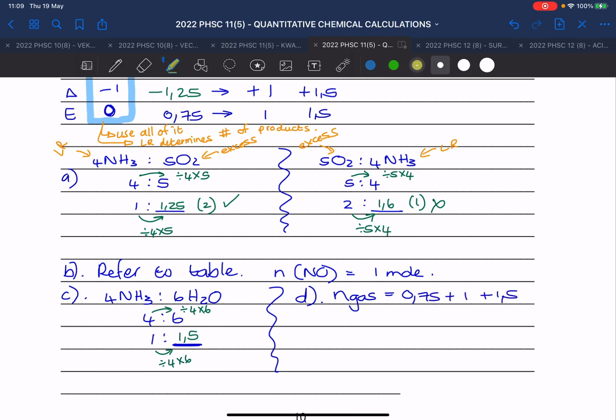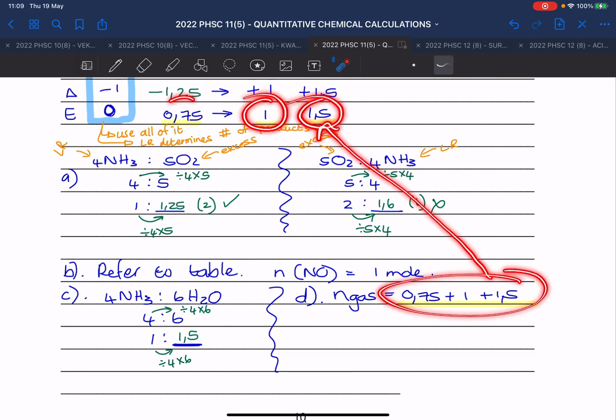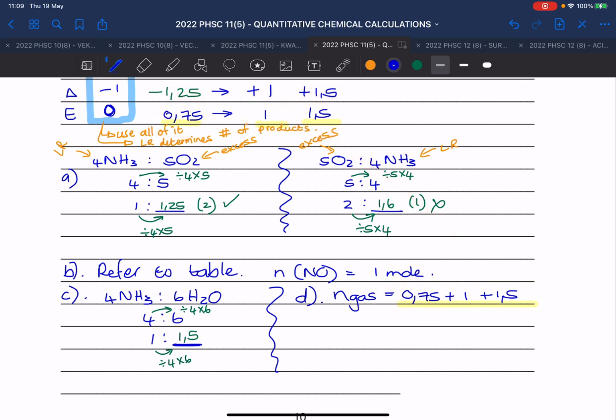I got these values from the table. Okay, so that gives me a total mole of 3.25.